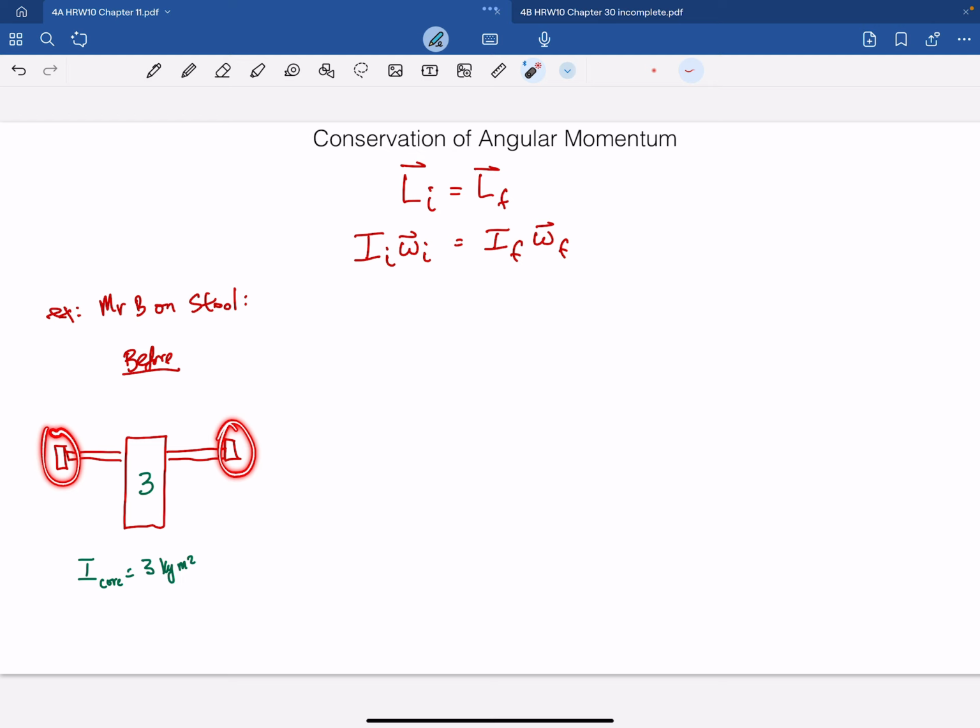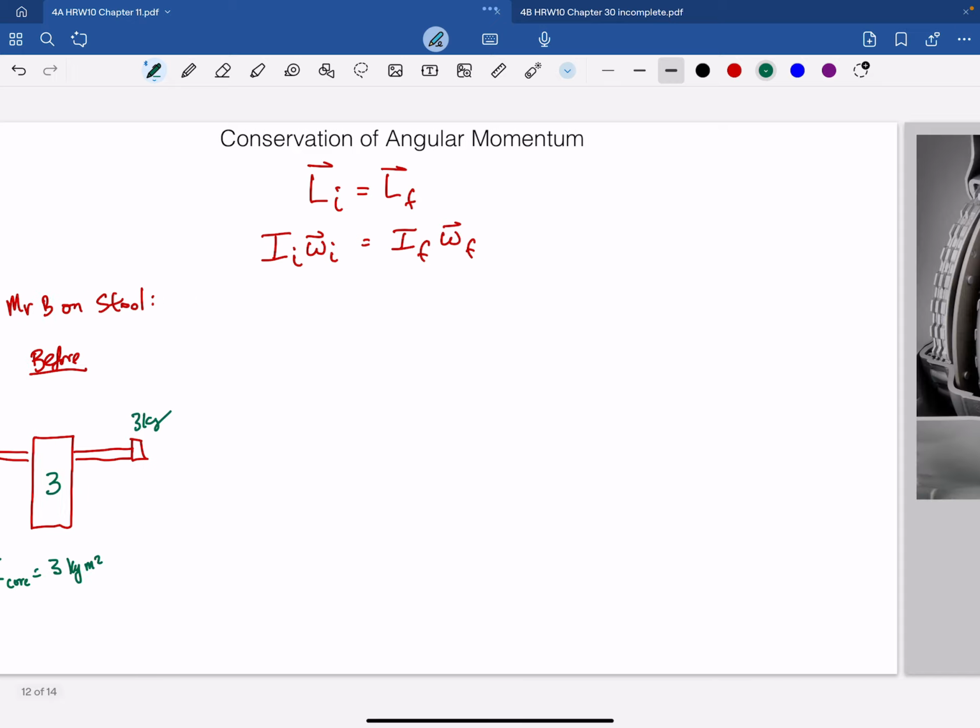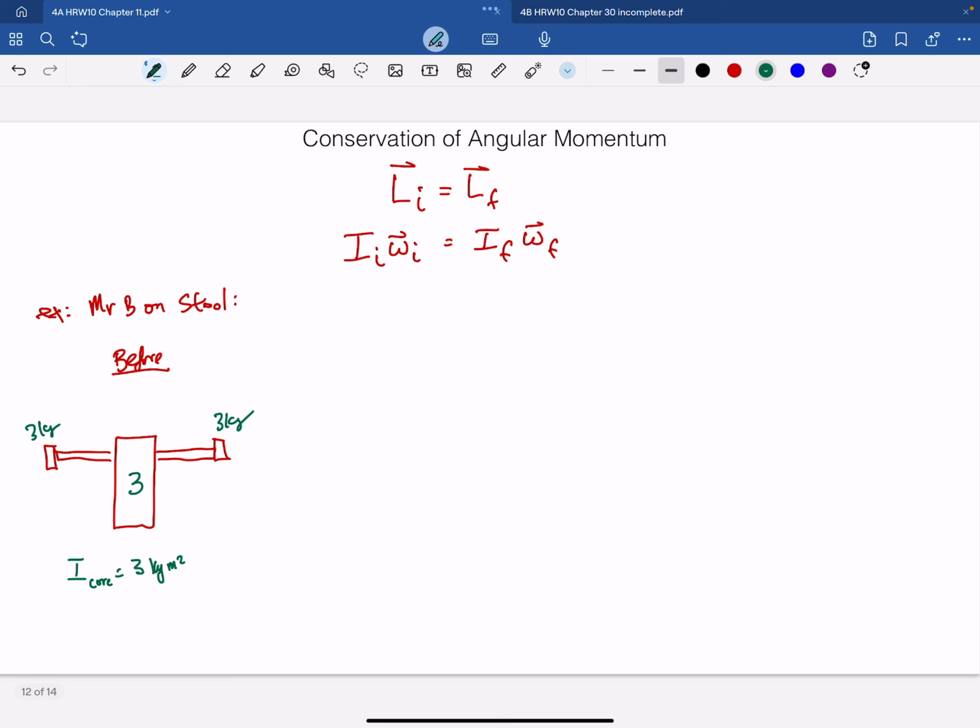Yeah, each of these is 3 kilograms, roughly 10 pounds. What I'm trying to do is find my total moment of inertia before I pull my hands in. And we're also going to say that these are out at 1 meter.